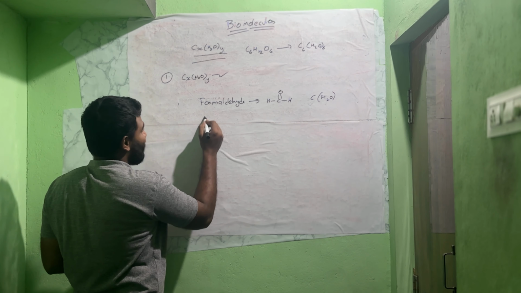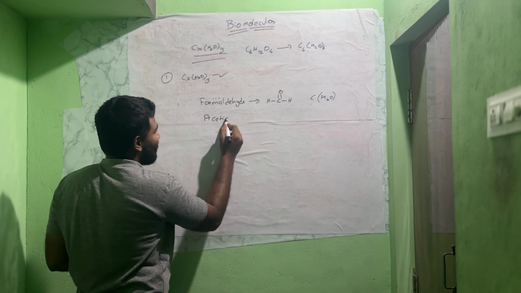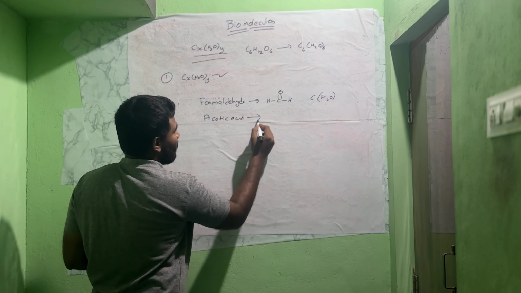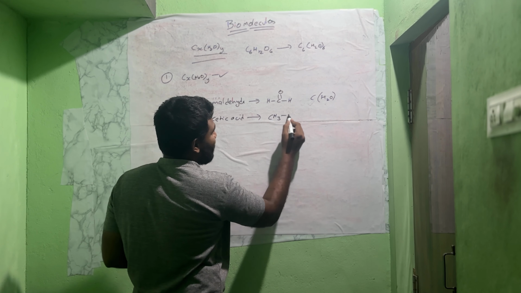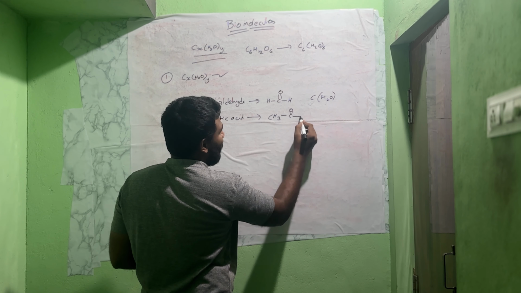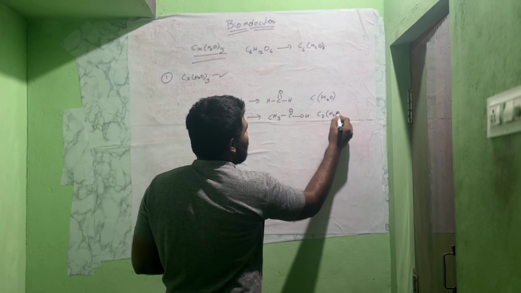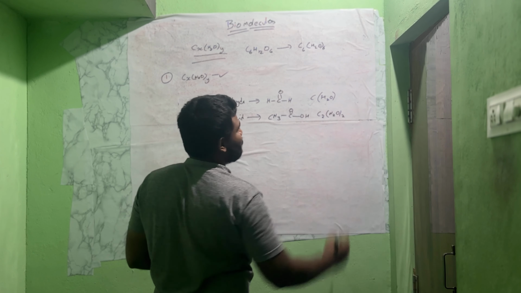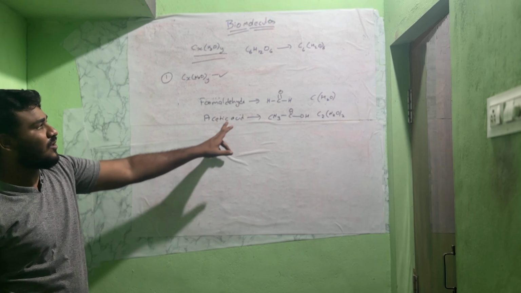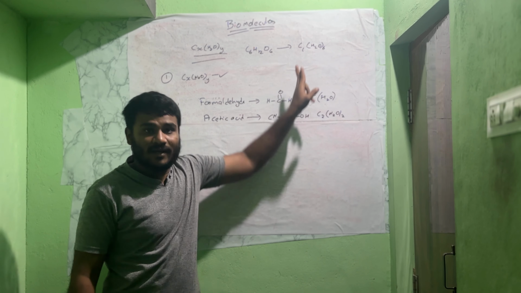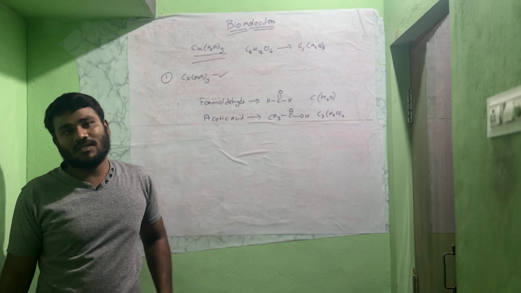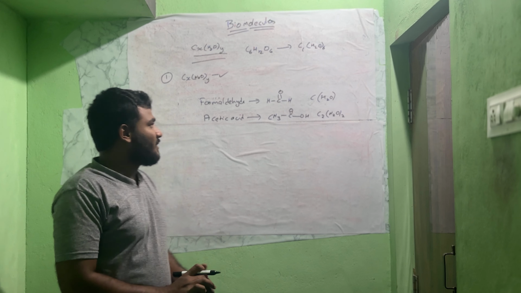Another example is acetic acid, CH3 C double bond OH, C2H4O2. This also follows the carbohydrate general formula, but it can't behave as a carbohydrate.